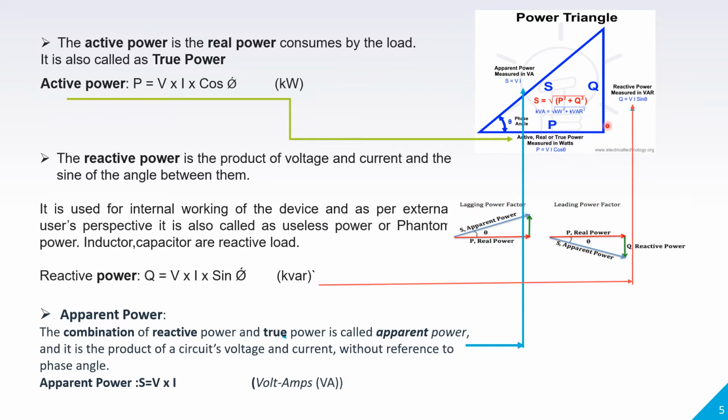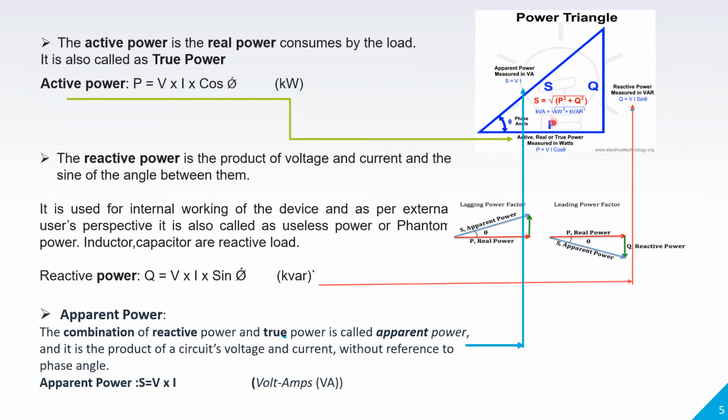Now the vertical component is nothing but the Q. That Q means reactive power and the formula is VI sin phi and the unit is VAR, that is volt ampere reactive. Square root of P square plus Q square, you will get apparent power, which is denoted by S, and the formula is simple, voltage into current. So S is equal to VI.